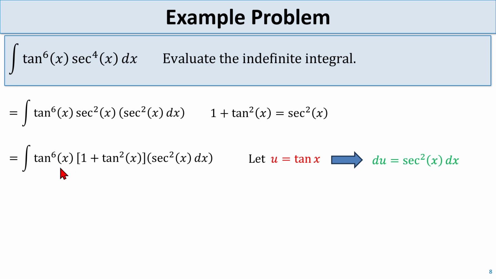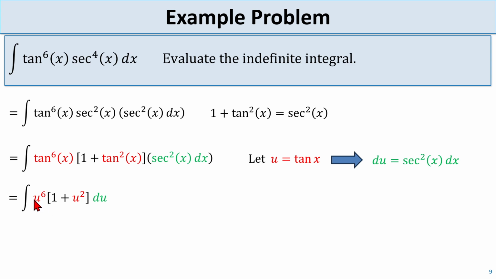Now I'll go through and make replacements. Everywhere I see a tangent, I'm going to replace it with u, and then this expression at the end changes to du. So tangent to the 6 turned into u to the 6, tangent squared turned into u squared, and the last part turned into du.